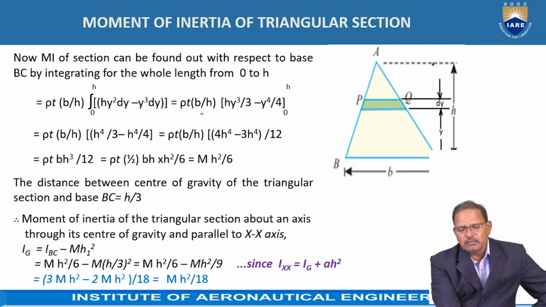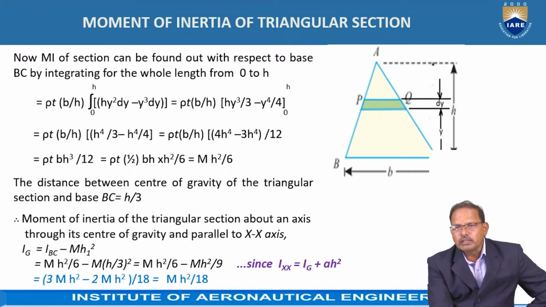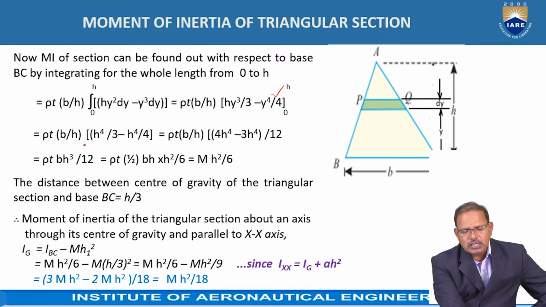Here rho t into b by h are the constants. So the integration of h y squared dy is h y cubed by 3, minus the integration of y cubed dy, which is y to the power of 4 by 4. Applying the limits from 0 to h, we get rho t b by h, which is constant, times (h to the power 4 divided by 3 minus h to the power 4 by 4).